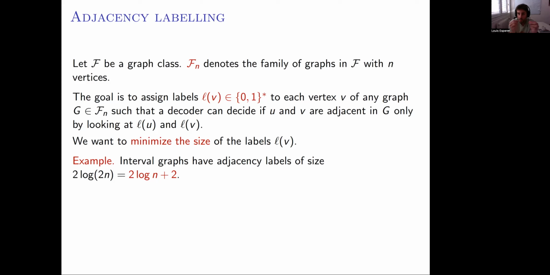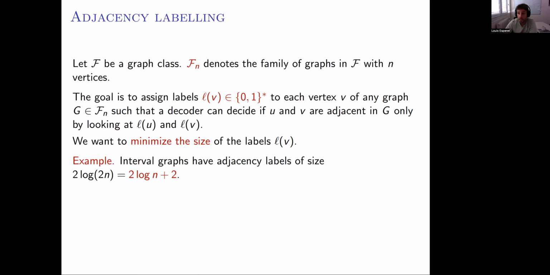The reason is that if you have an interval graph on n vertices, you can always make sure that the ends of the intervals are integers between 0 and 2n by moving the ends a little bit. And then the label of each vertex is simply the coordinates of the two ends. So each takes log of 2n, so it's 2 log of 2n, 2 log n plus 2. Because given the ends, it's very easy for the decoder to decide whether the two intervals intersect or not.